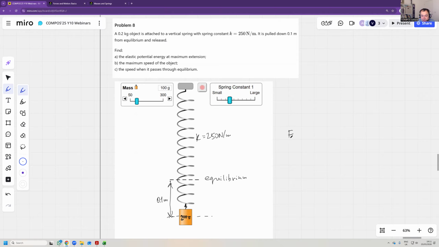So the elastic potential energy stored in the spring is 1/2 k delta x squared. But also, when you pull it down from equilibrium, you are reducing the gravitational potential energy. So let's say the gravitational potential energy at this point is 0 joules. And here, at this point, gravitational potential energy is mgh.